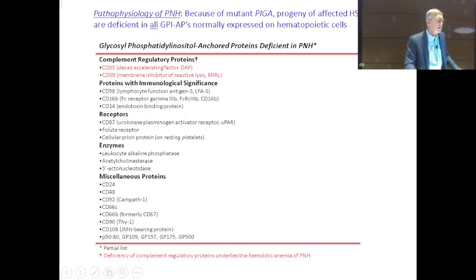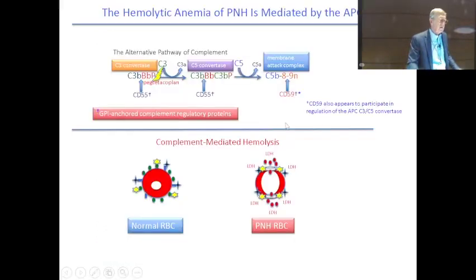So even though all of these other proteins are missing in PNH, they appear to have no significant clinical complications. It's only the deficiency of the GPI anchored complement regulatory proteins that causes the problem.